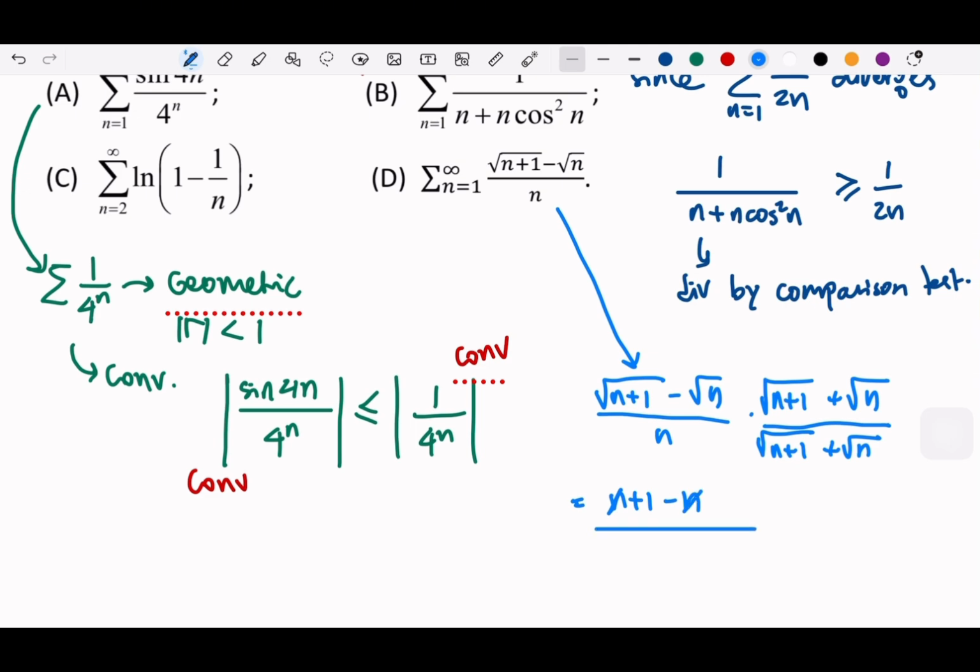So we only have 1 over n, right? And I think this is a better way to compare, because we have only a constant here, and we only need to observe this, right?